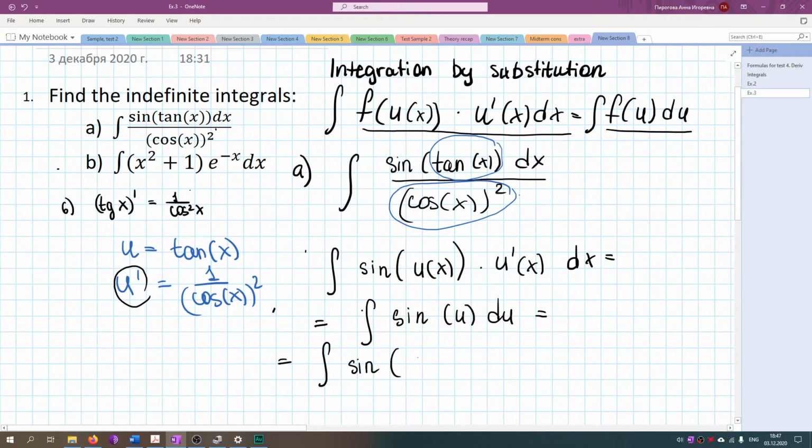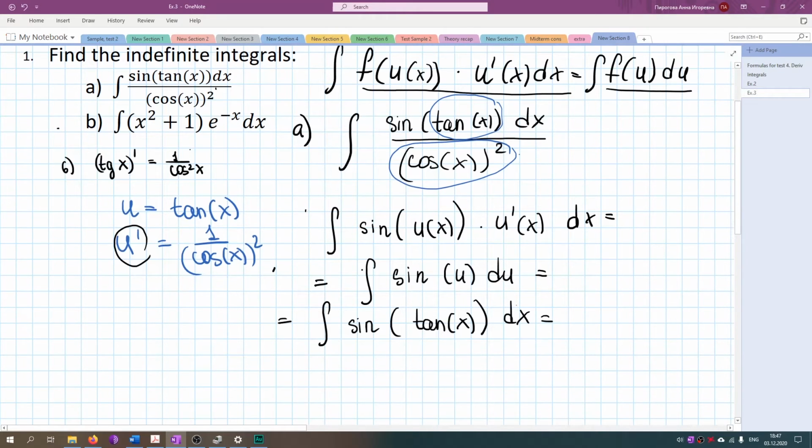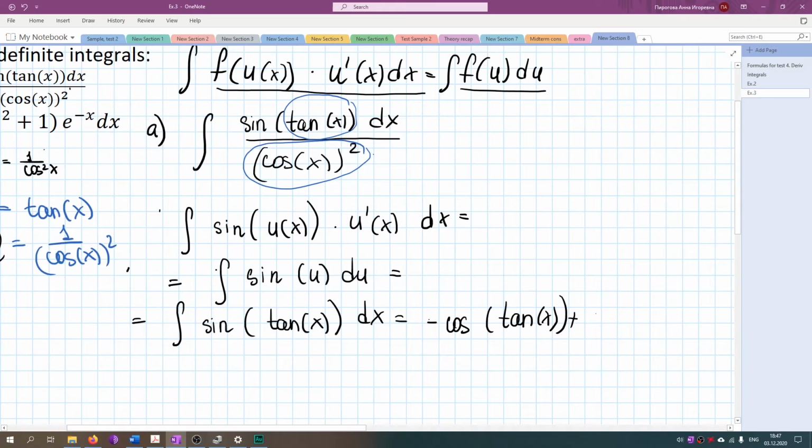So sine tangent of x dx, because we have x as an argument, and we will get here minus cosine tangent of x plus our constant c.